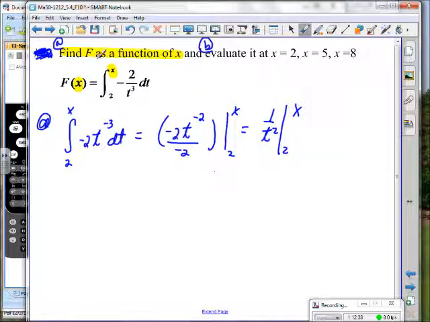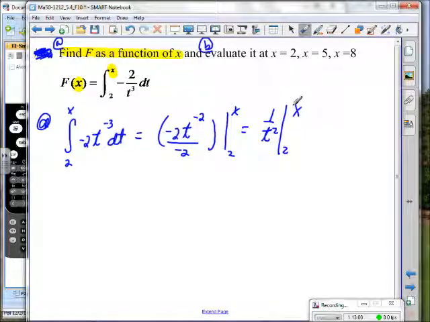So it says find the antiderivative as a function of x. Now what are you going to do? What would you do if that was an 8?